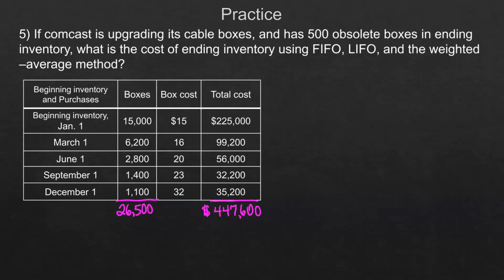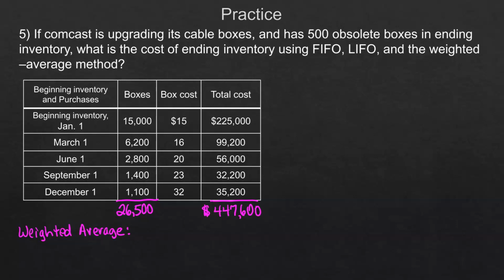So we'll go with the weighted average first. To do that, we need to find the average cost per, oh yes, I guess I should have read this. If Comcast is upgrading its cable boxes and has 500 obsolete boxes in ending inventory, what is the cost of ending inventory using each method?